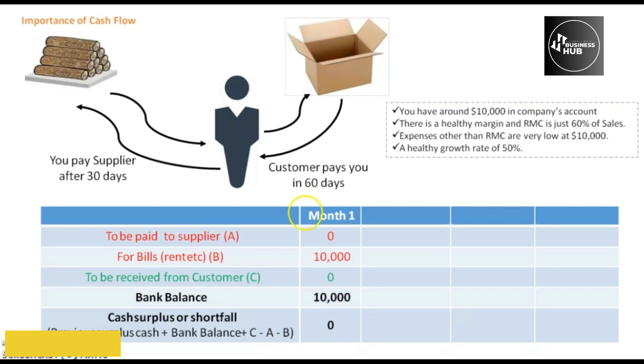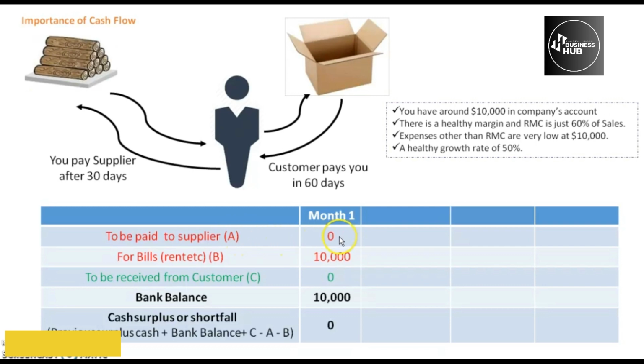So here is what is happening month on month. At the end of the month, suppose that you have made sales of $50,000, and because of that, from your suppliers you have taken raw material of around $30,000. So at the end of the month, what are you supposed to pay to your supplier?